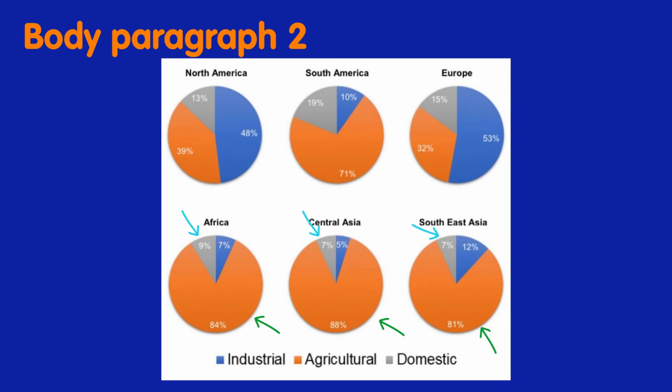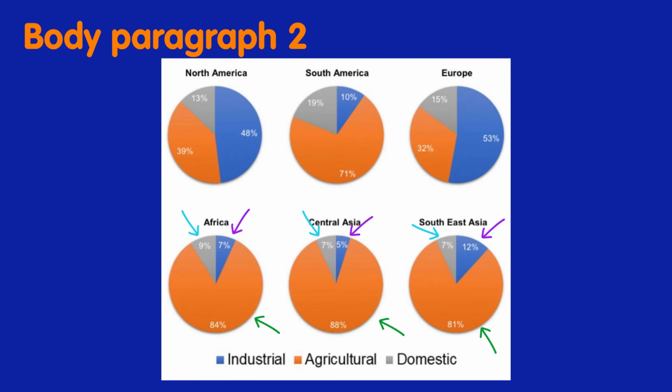So what I'm going to do to write is that Central and Southeast Asia have exactly the same, right, at 7%. And there's also a moderate disparity in the quantities of water used for industrial purposes, right? As you can see, 7%, 5%, and 12%. So I'm going to write about this also.